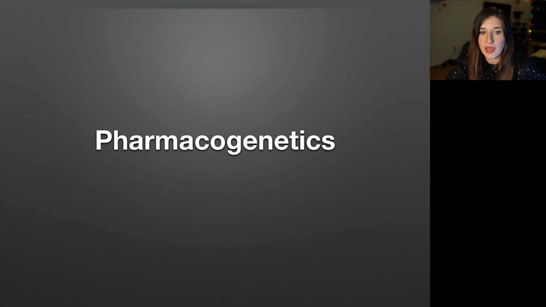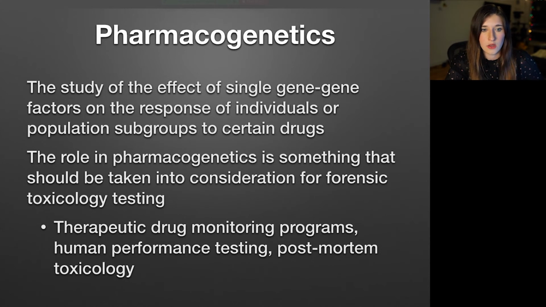So next we have pharmacogenetics to talk about, which is, like I said before, a kind of important part of metabolism that really has to do with genetics and changes in the genome that affects metabolism. So, what is pharmacogenetics? It is the study of the effect of a single gene factor on the response of individuals or population subgroups to certain drugs.